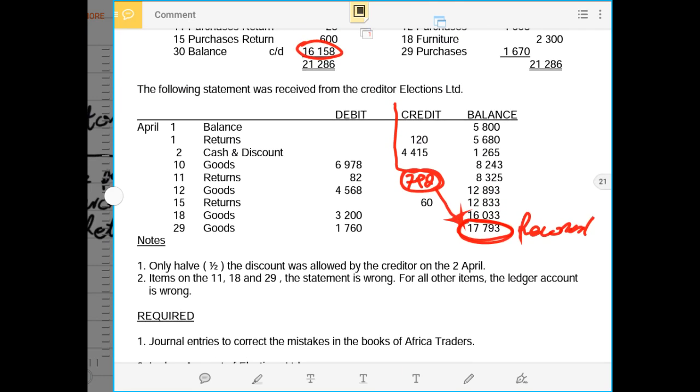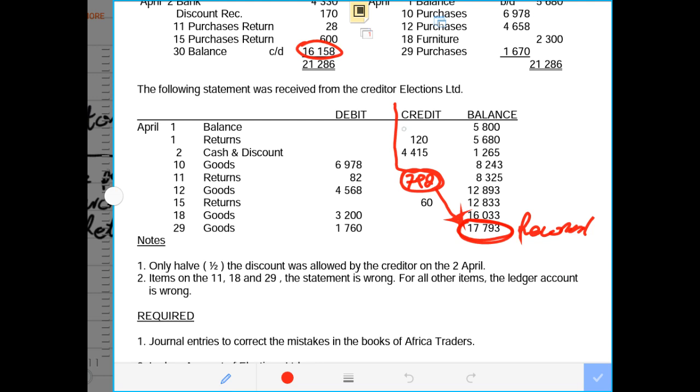Remember, if we return goods and services, the creditor will regard that as a decrease in debtors because the debtor would have returned the goods and services. That will have to decrease on the credit side. But this amount was not recorded, so our balance was not reduced.